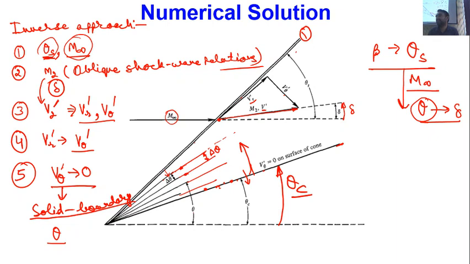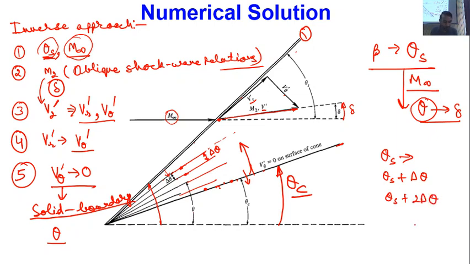and from there you can find out what your cone angle will be, or for your cone angle what the value of theta s will be. Now what is the meaning of d theta? First our solution will be known at theta s, then I will calculate the solution at theta s plus delta theta, then theta s plus 2 delta theta.